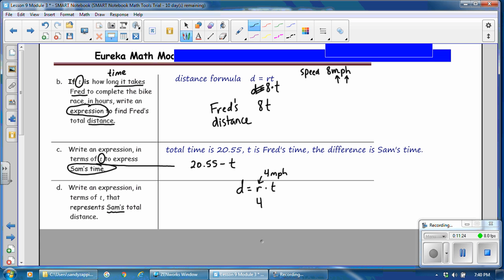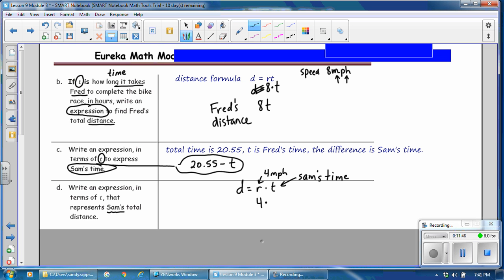And then Sam's total distance. Well, we need the time for Sam, because Sam's distance is equal to Sam's rate times Sam's time. So Sam's time, we wrote an expression right here. This is Sam's time.